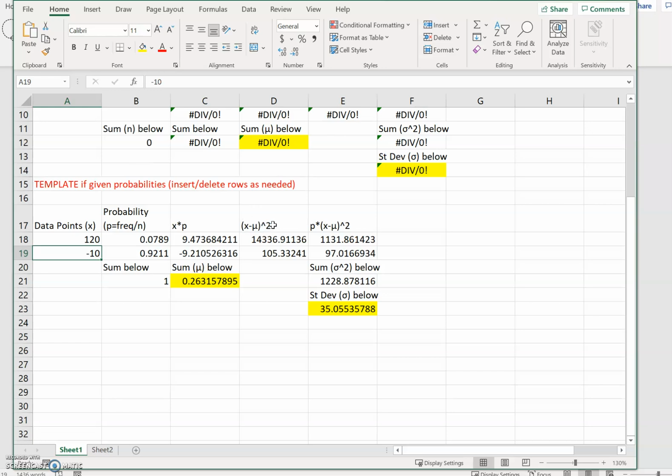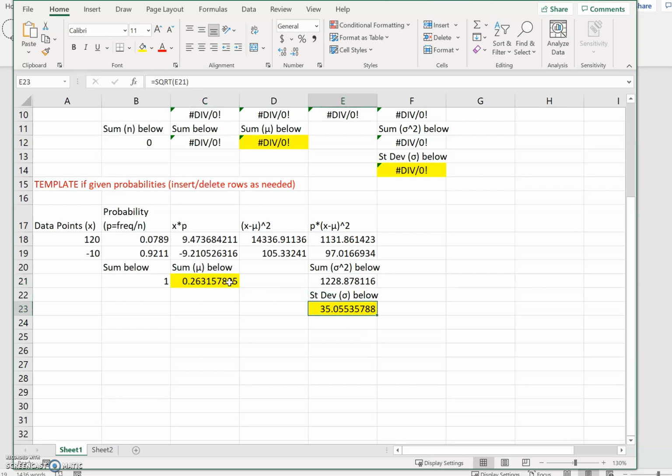Because this is all templated, we already have the distance of each data point from the mean, or expectation, squared, and then that value times its probability here. And so we get a standard deviation here of 35. Now, something might not be obvious, but once you get a hang of these things, it's a little bit more interesting to see a mean this small and a standard deviation this large relative to that.